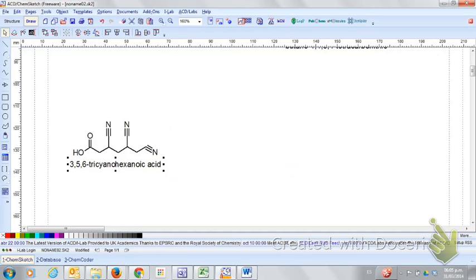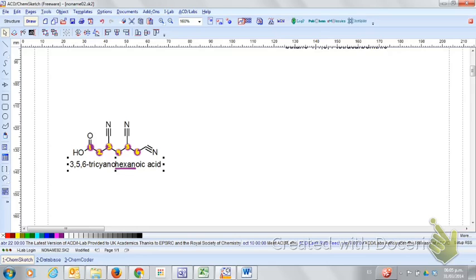Here you will start numbering from the carboxylic acid. Okay. This will be the main chain. 1, 2, 3, 4, 5, 6. That will make the hexane.